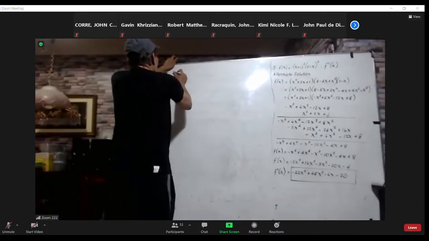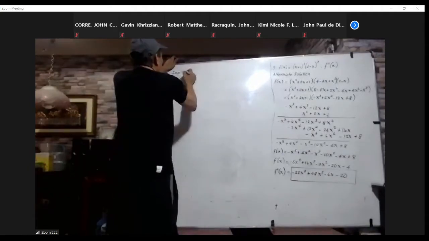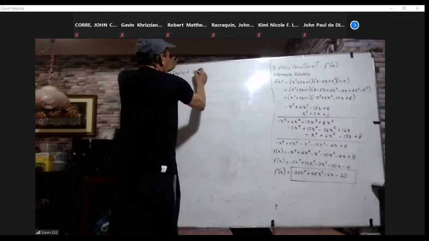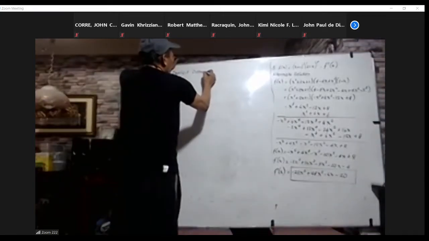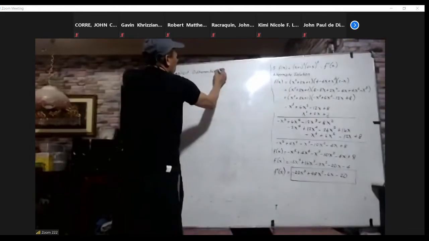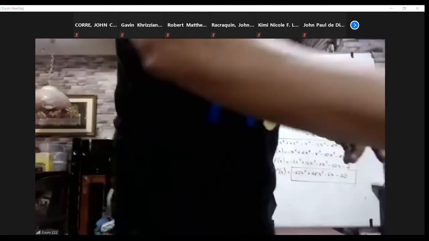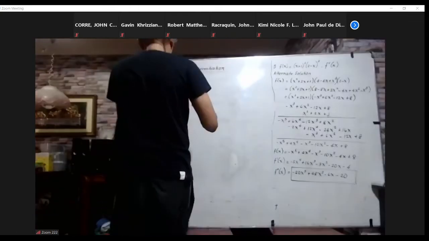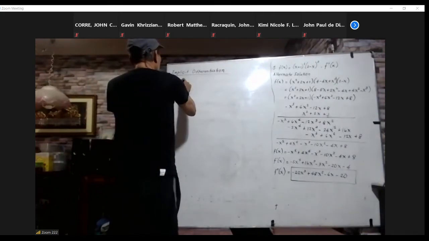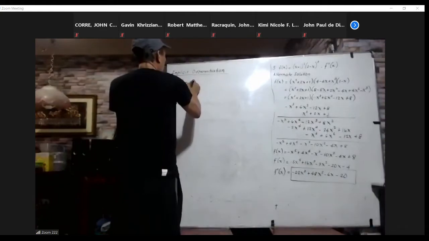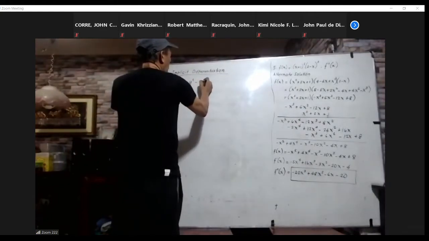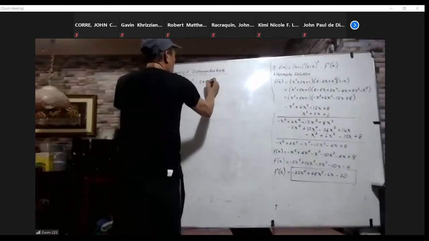Okay, ngayon ay implicit differentiation. Ang example natin number 1: x squared plus y squared minus 2xy equals 0.